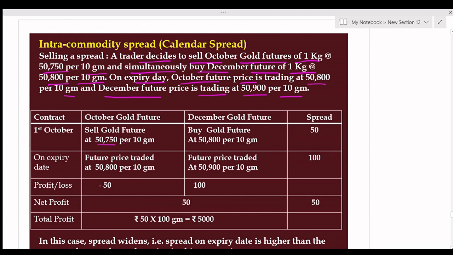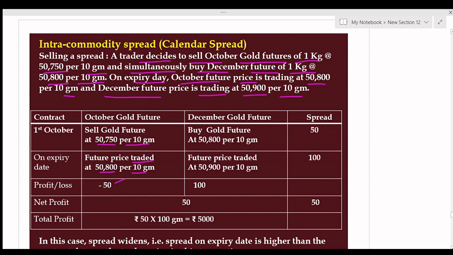Now comes sell gold future on October at 50,750 per 10 gram, and on expiry date the future price traded at rupees 50,800 per 10 gram. It is a short future, so the trader will incur a loss of rupees 50 per 10 gram.